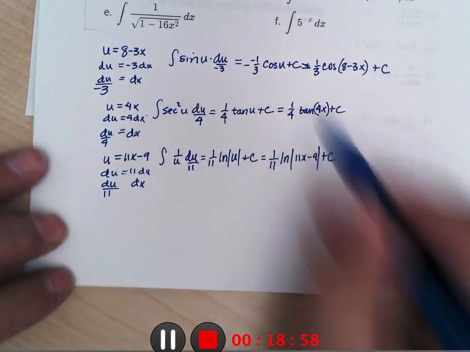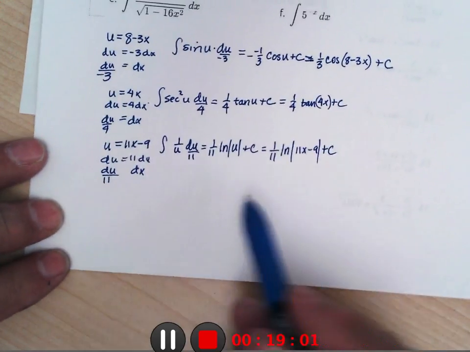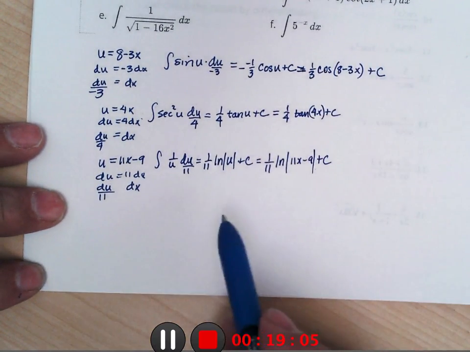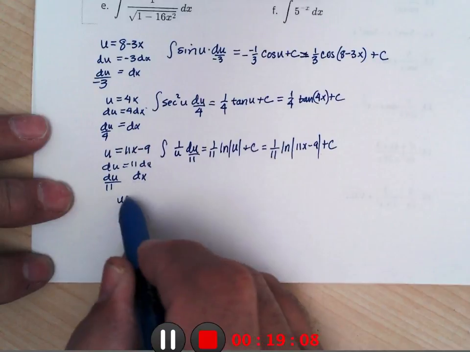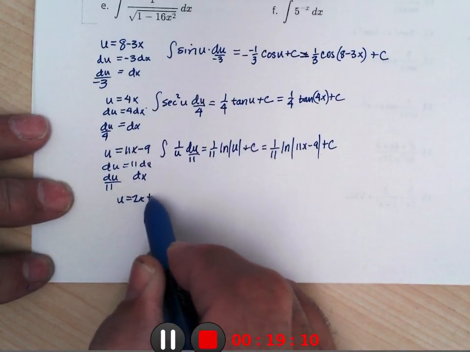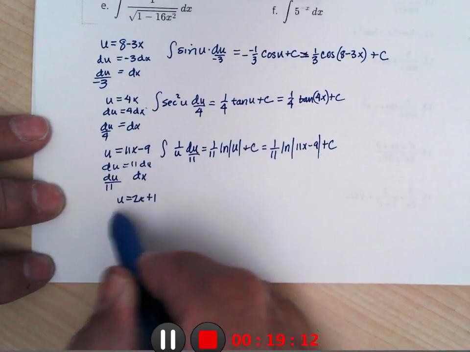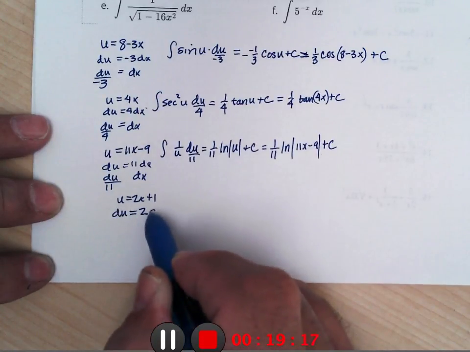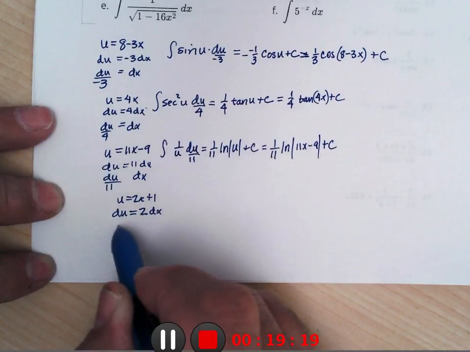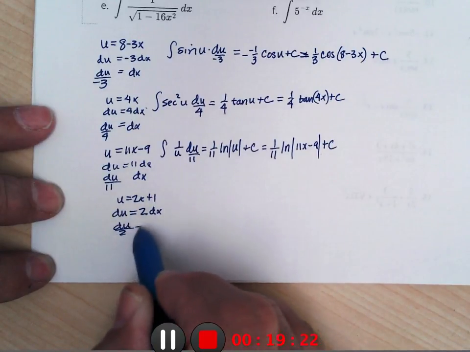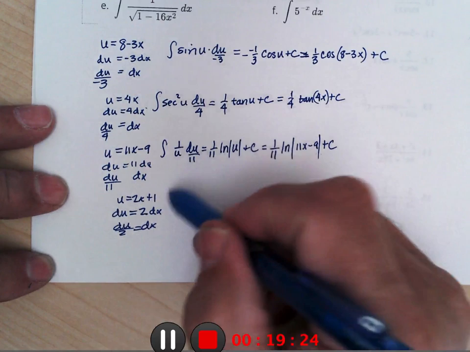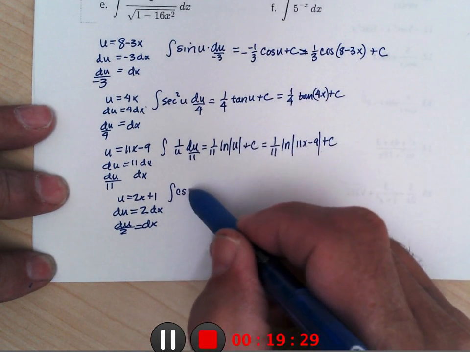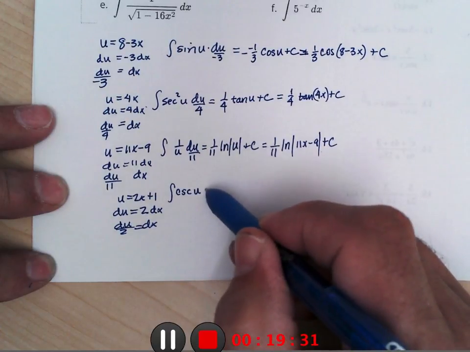D, the way it is, it might be kind of hard to recognize, but we see a 2x plus 1 and a 2x plus 1. If we let u equal 2x plus 1, the derivative would create a 2 dx, which becomes a half. And so that integral becomes cosecant u cotangent u.